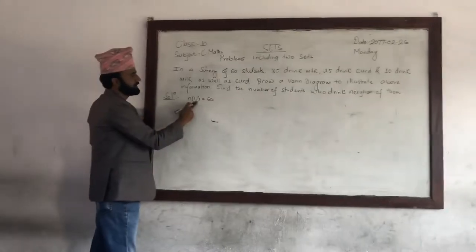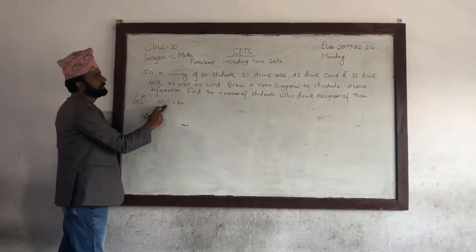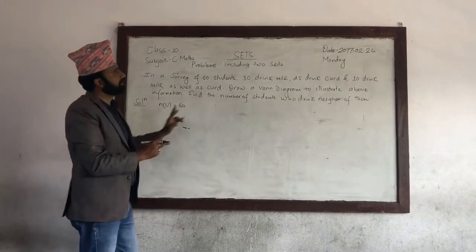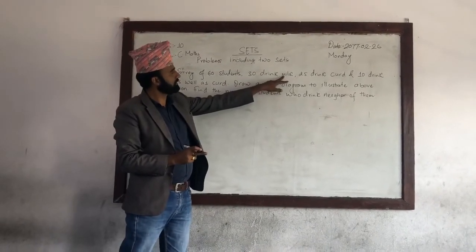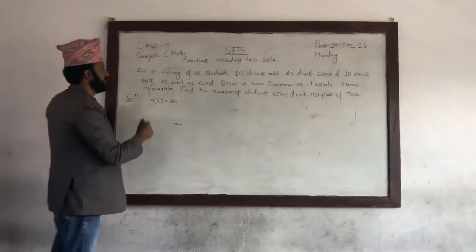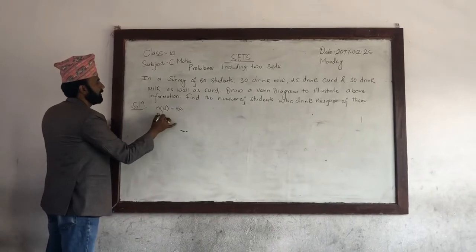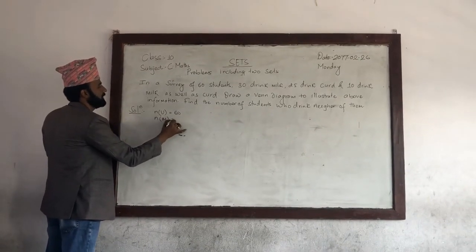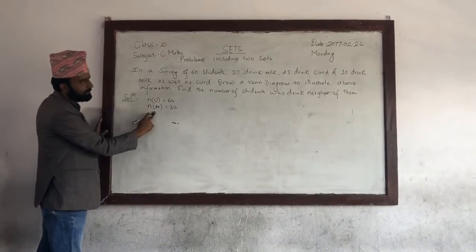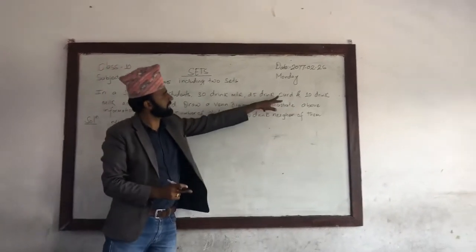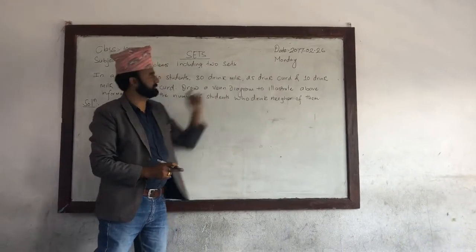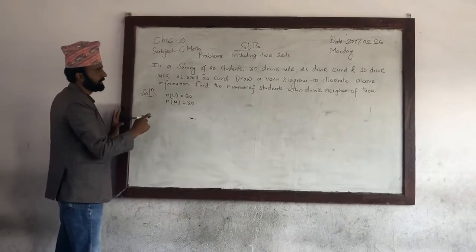U represents the total number of students included in the survey, and M is for the students who drink milk. That is n of M is 30. And C stands for curd, those who like to drink curd. There are 25 students.